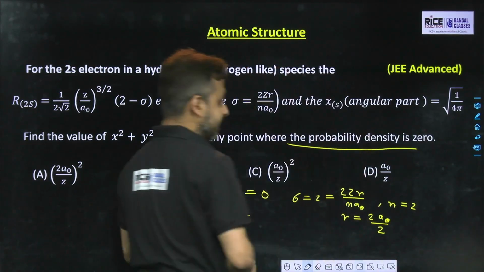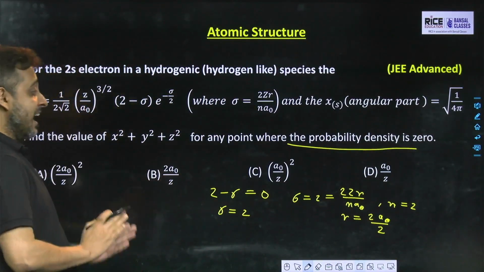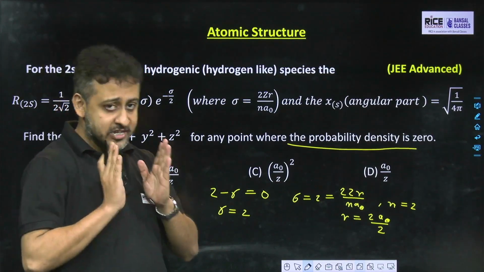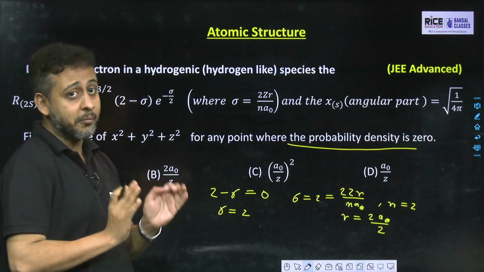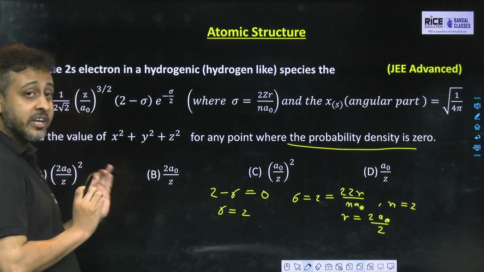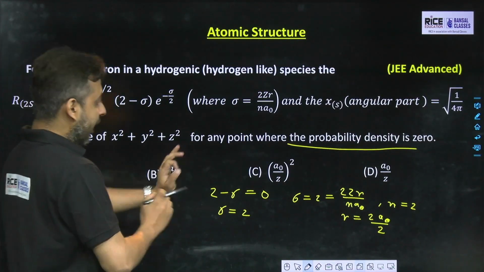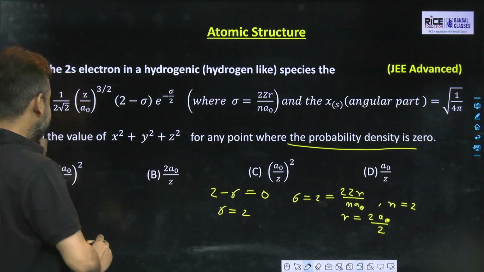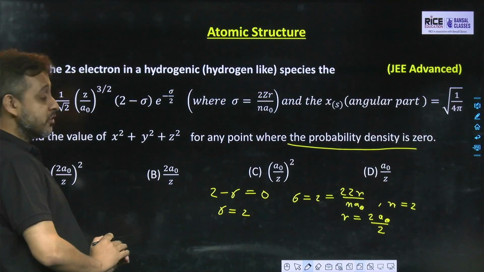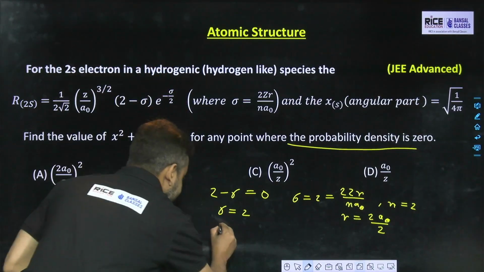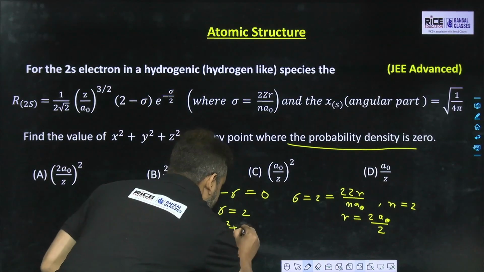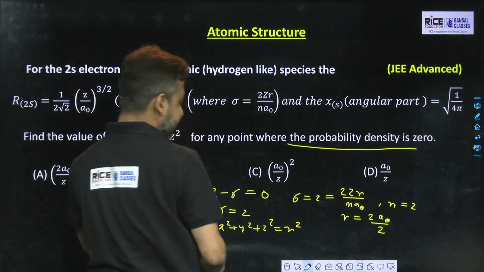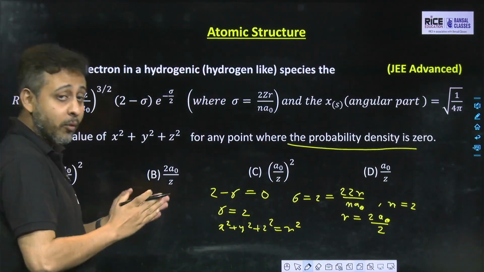Here a naught is the Bohr radius, and Z is the effective nuclear charge experienced by the electron in an orbital, which is very important. So the value of r here is 2a naught by Z. We need to find the value of x square plus y square plus z square, which equals r square, the correlation between Cartesian and polar coordinates.